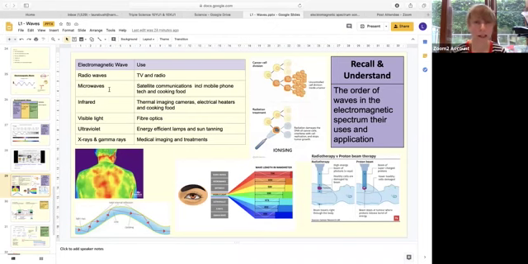We've got microwaves. Most of you will be familiar with a microwave oven for cooking your food. Interestingly, in a microwave, I haven't got a picture of it here, but what the microwaves do is they agitate, which means vibrate, the water molecules within your food.